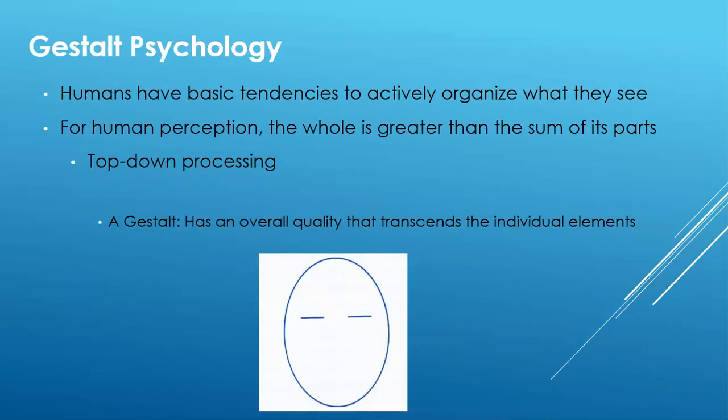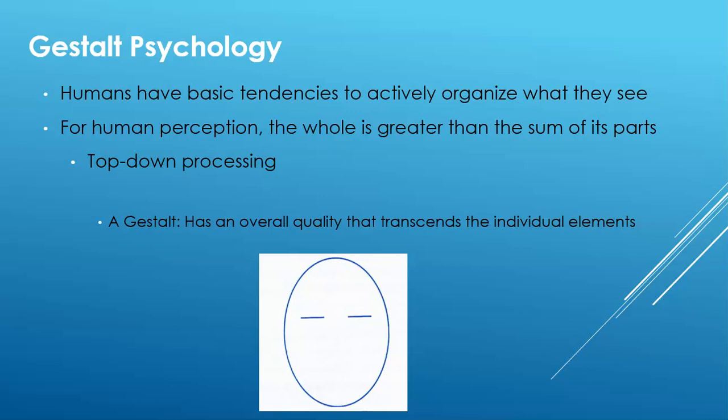Gestalt psychology is the biggest thing we're going to talk about here in understanding perception. It's especially strong in vision, and it's the main, most accepted theory when talking about vision and cognition.